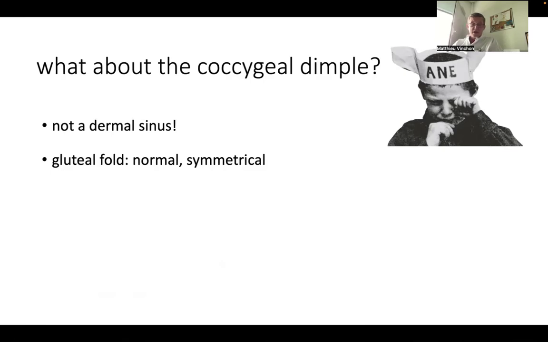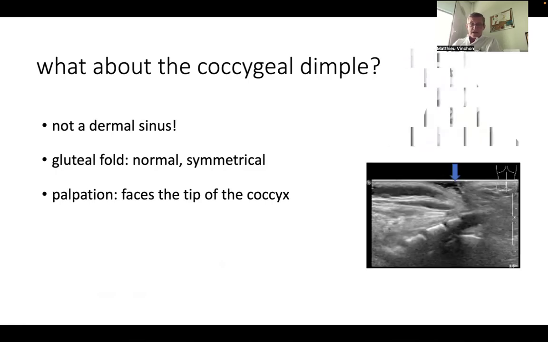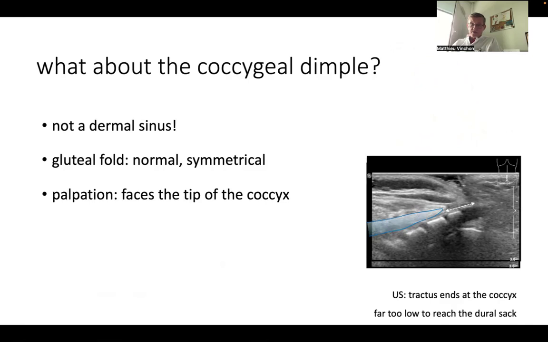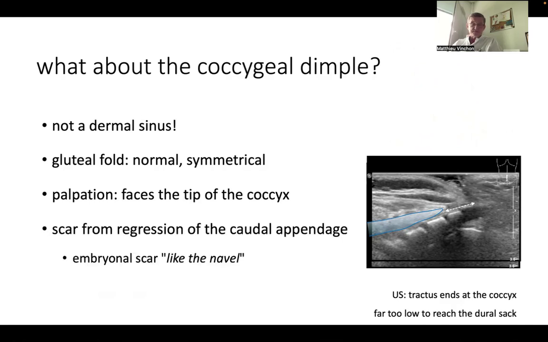It is symmetrical. At palpation, you can feel the tip of the coccyx at the bottom of the sinus. And if you do an ultrasound, which is not indicated in my mind, you will find that the fibrous tract goes straight to the tip of the sacrum, and you see that there is a large margin between the end of this fibrous tract and the bottom of the dural sac.